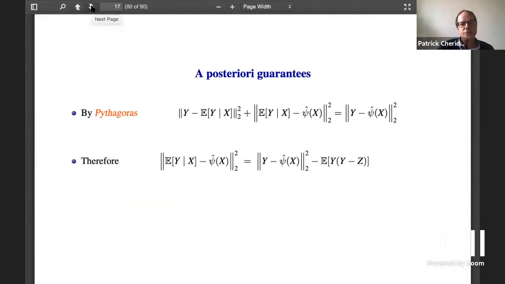Okay, and this gives you an estimate on the error you're committing when you're approximating the conditional expectation with your candidate regression function psi hat. Okay, and what I have here on the right-hand side, so the left-hand side is my L2 approximation error squared. And on the right-hand side, I have basically 2 expectations which I can easily estimate with standard Monte Carlo.